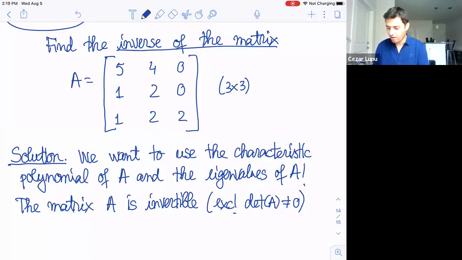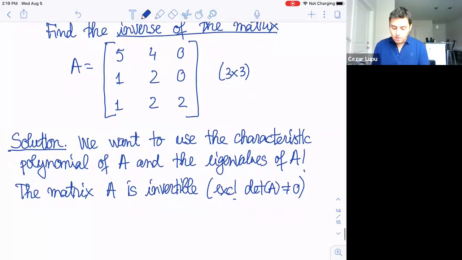All right, so let's see how we're going to do this. So the matrix is invertible, which I'll leave to you as an exercise. And now I want to use the characteristic polynomial.